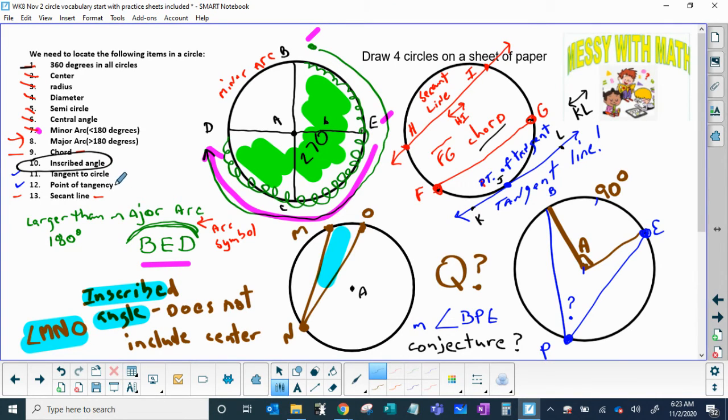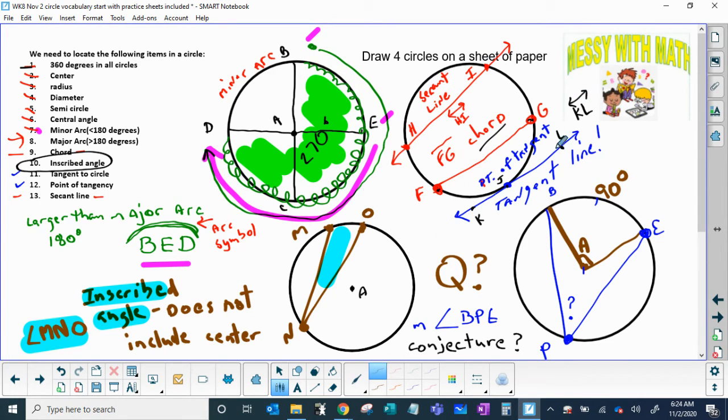Tangent to the circle and point of tangency. There is a place where it only touches in one spot. We're going to call that J. Point J is the point of tangency. A tangent line touches at J and goes on forever, and we called that KL.